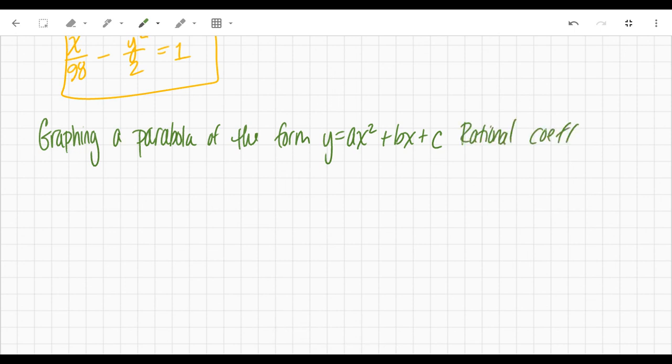So this is, for some reason, just a repeat of what we just did at the very beginning. Graphing a parabola of the form. Yeah, we just did this. So see the first topic. Okay, and then we're done. So there's a lot in this module, so just make sure to ask for help if you're struggling.